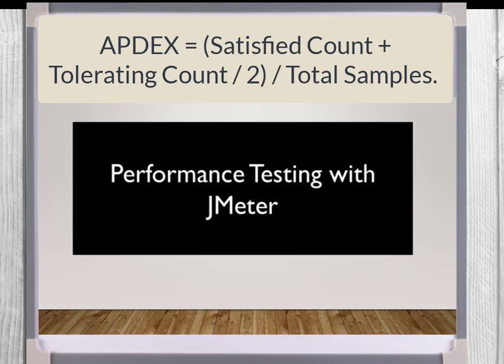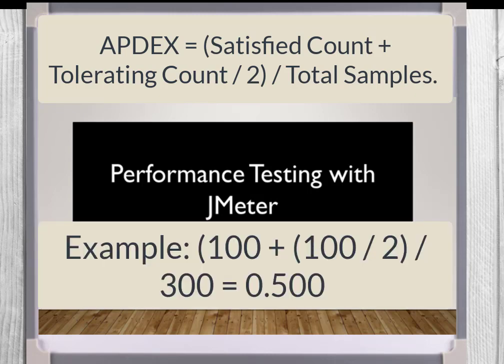For example, if the sample count breakdown is 100 of 300 samples met the satisfied condition, and another 100 samples were tolerable, then the calculation would look like this: 100 plus 100 divided by 2 divided by 300, which is equal to 0.500.